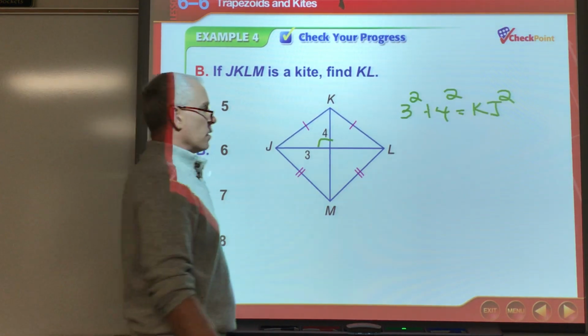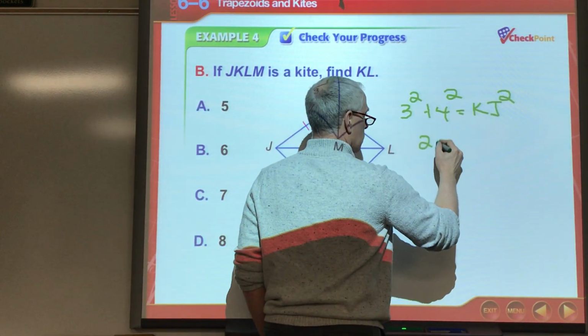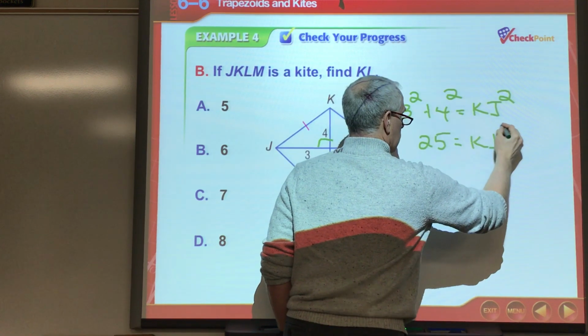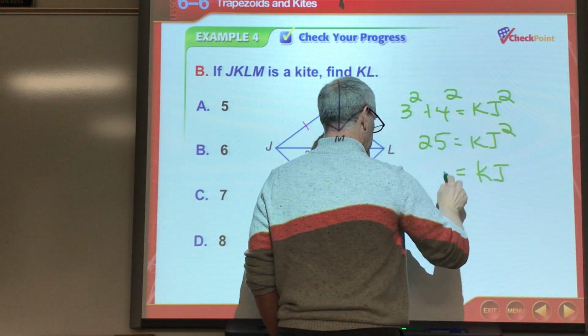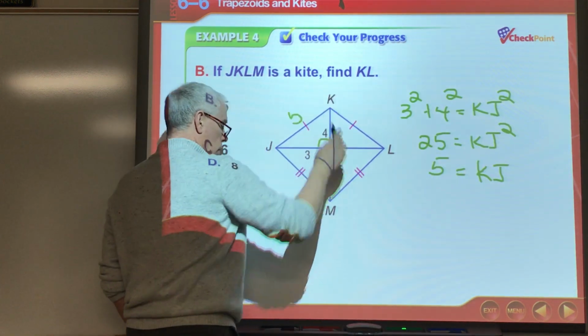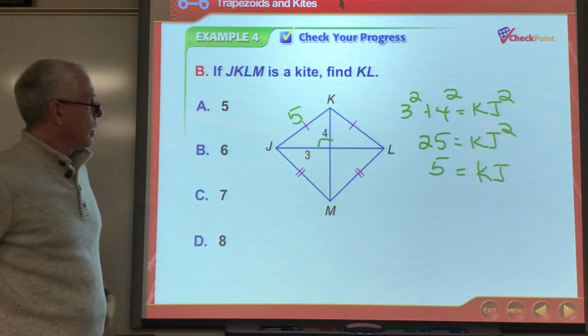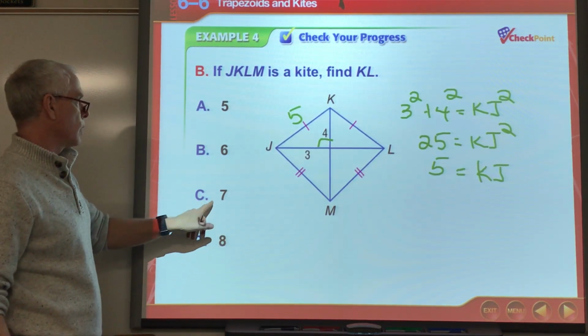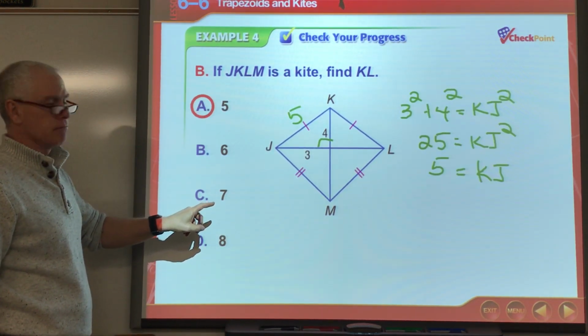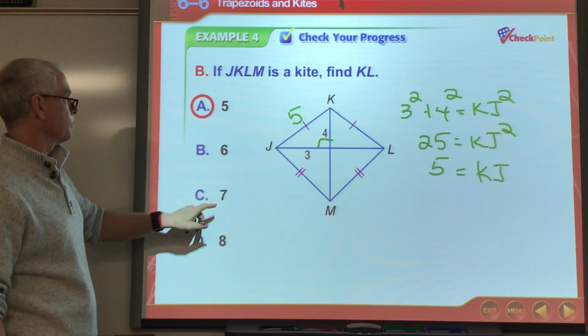So a little bit of algebra gives me that. Take the square root of both sides. Okay? So I know KJ has to be 5, and KJ and KL are marked congruent, so a is going to have to be 5 as well. If you got 5, give yourself a pat on the back.